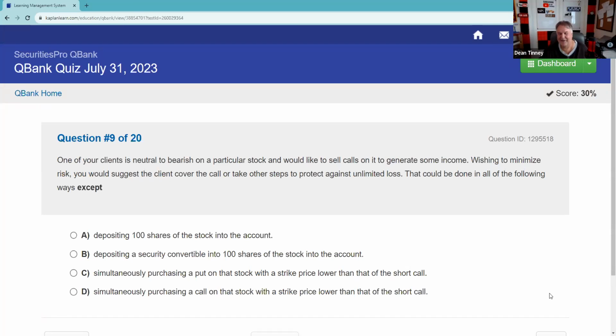I can't tell you how many times I miss an except. So to protect against unlimited loss, let's say it's a short call, it's going up. I would say C, simultaneously purchasing a put. You got it. Good job. That was a tough one.